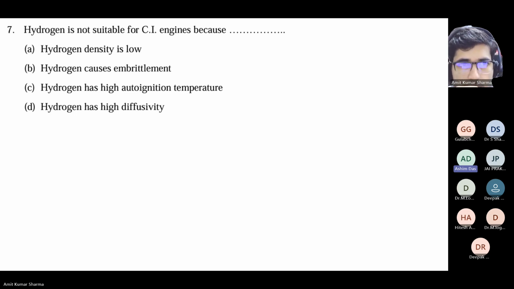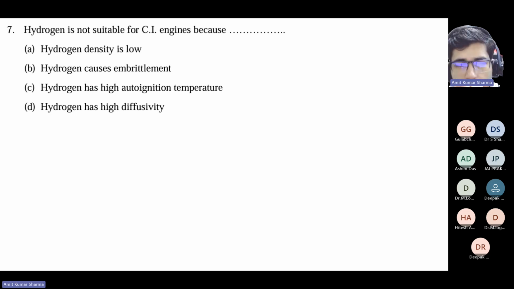And what will happen? The engine will be heavy, a huge engine, the cylinder thickness and everything will increase. Because if you are increasing the compression ratio, the pressure will be very high. To handle that, you need to change your cylinder material, your enclosure and everything.